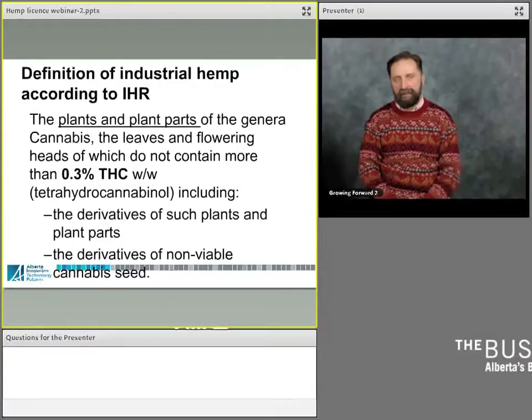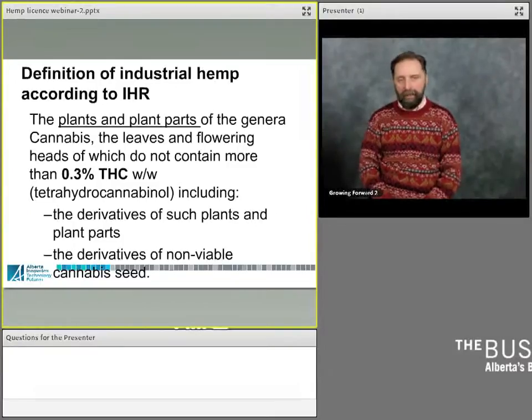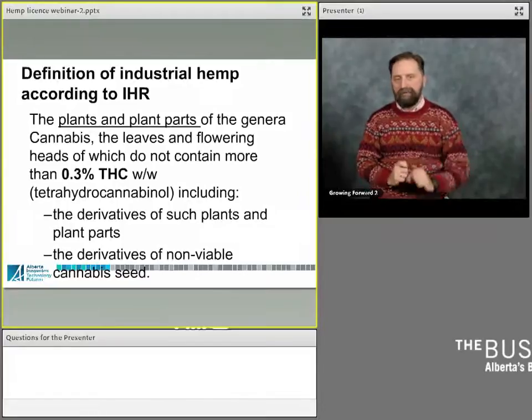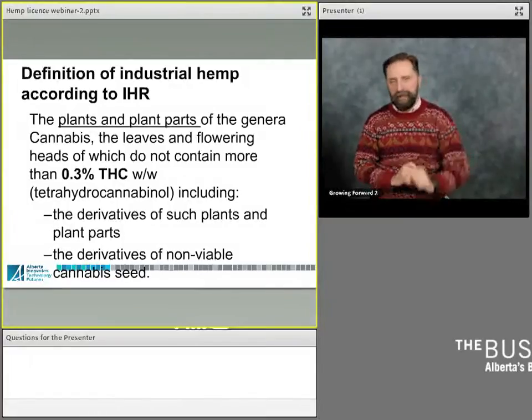THC is this narcotic substance, the long name is tetrahydrocannabinol. Remember, plants and parts of plants that contain less than 0.3% of THC.